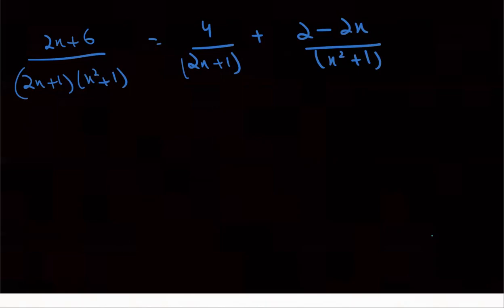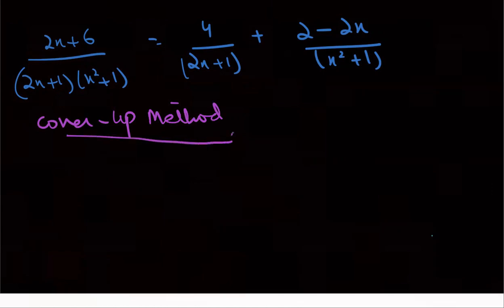Now going further, we will be looking at another method that is known as the cover-up method. Now what happens in the cover-up method? We plug in different values. For example, if I say x minus 2 upon x plus 3 and x minus 4.